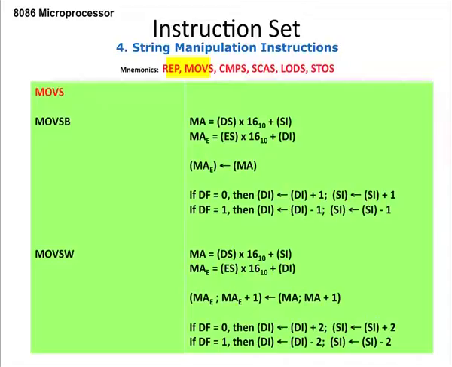Similarly, we have an instruction MOVSW. It is used to move the string word. The major difference between string byte and string word is with respect to 8-bit or 16-bit operation. String byte means 8-bit and string word means 2 consecutive bytes.